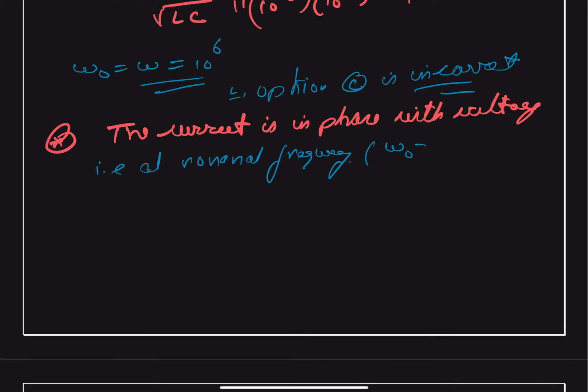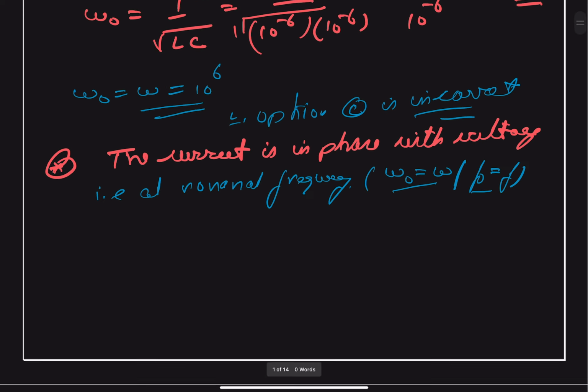Our question is equal to omega, and we can also write it as f naught, and that will be equal to our f. So any of these two will be same.